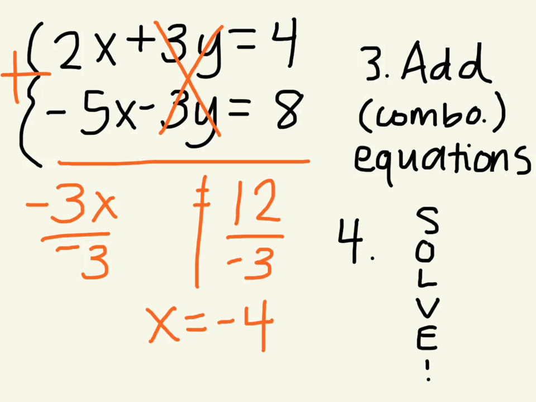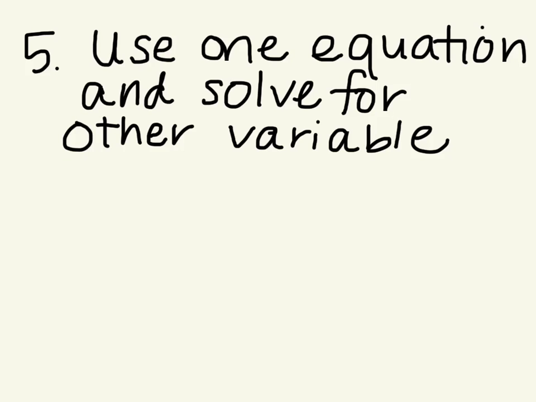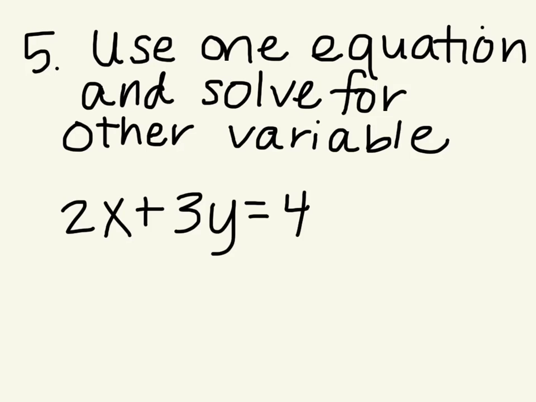Knowing the value of one of my variables, I'm able to move on to my fifth of 6 steps. We're almost done. The fifth step is to use one equation and solve for the other variable. So I'm going to use the first equation in my system of two linear equations, 2x plus 3y equals 4.